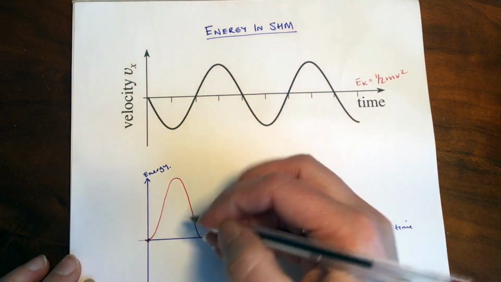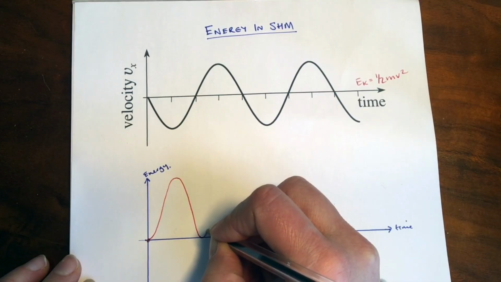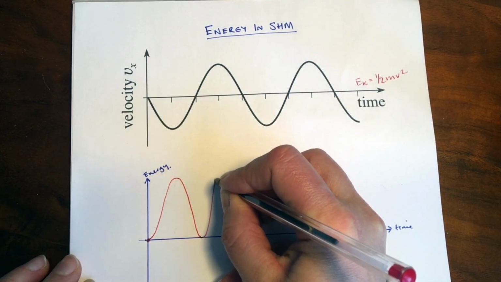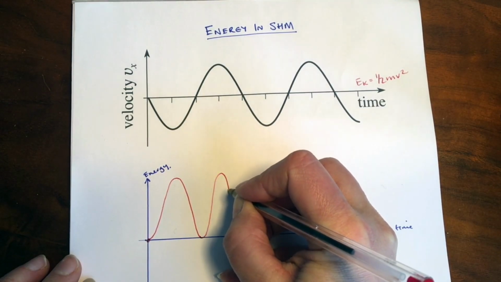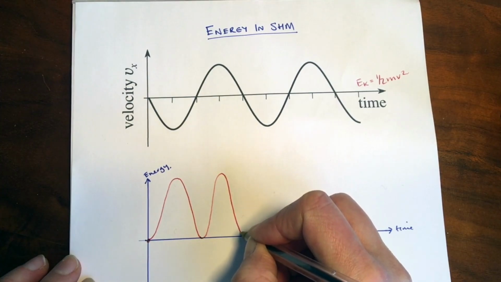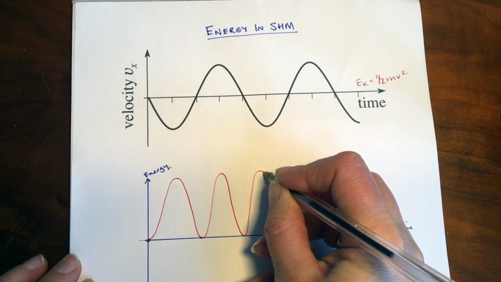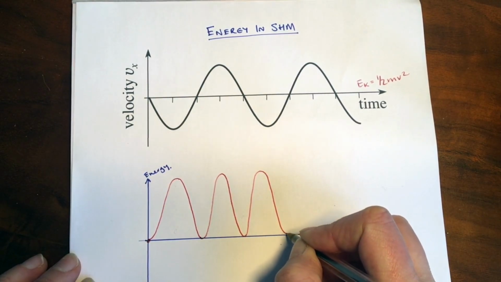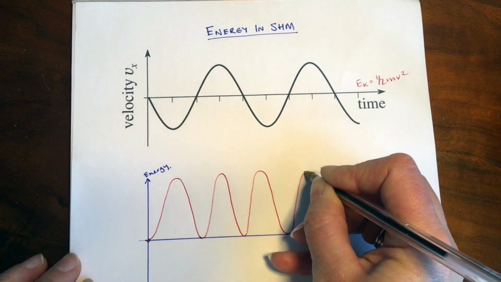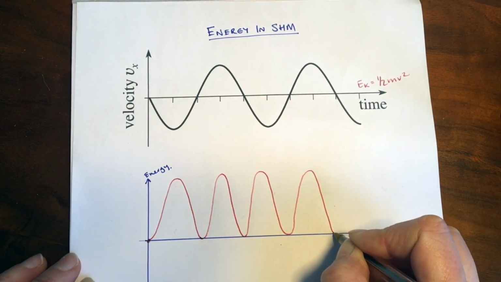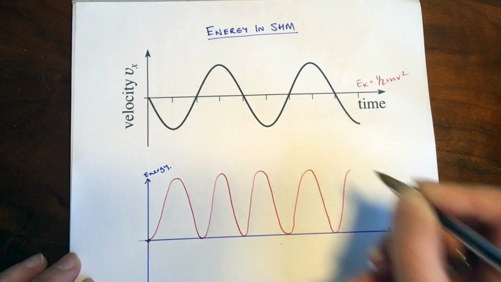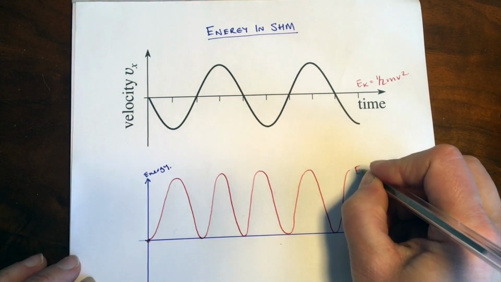Again, the velocity is going to go to a maximum, but we don't go into the other side of the axis because energy is a scalar. So what we see is that our kinetic energy follows a path like this with time as the object oscillates, and that's our kinetic energy.